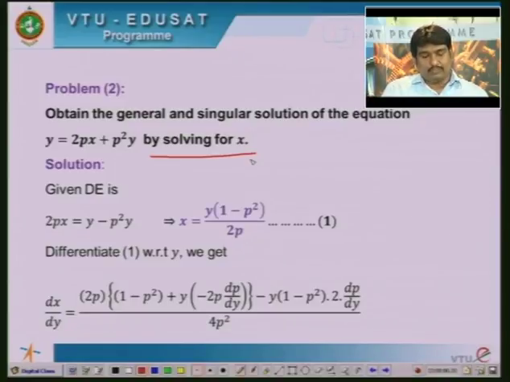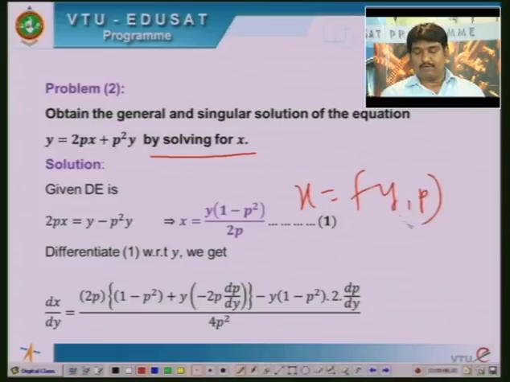If it is not asked, go with p, and then you can express that in the form x equals f of y comma p. It is a trial and error method, you have to attempt it, not easy in many cases. So in most cases the technique will be specified. Now you have to solve this using the solvable for x technique.